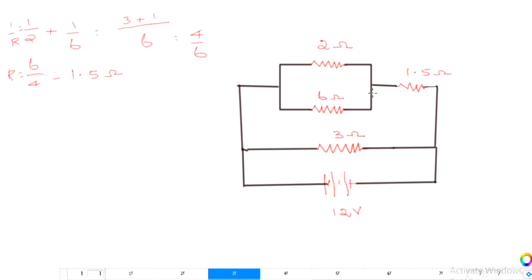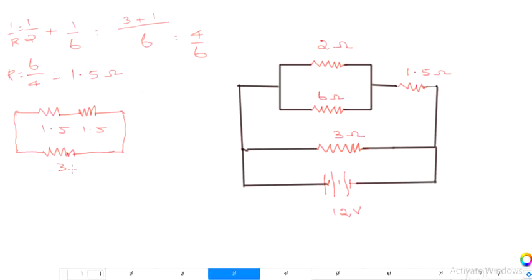Therefore, this 1.5 and this 1.5 are in series, so it is 3 ohm, and this 3 ohm is in parallel with this 3 ohm.